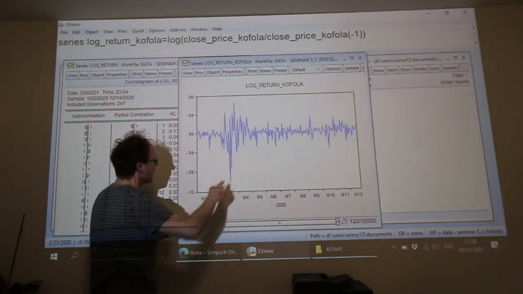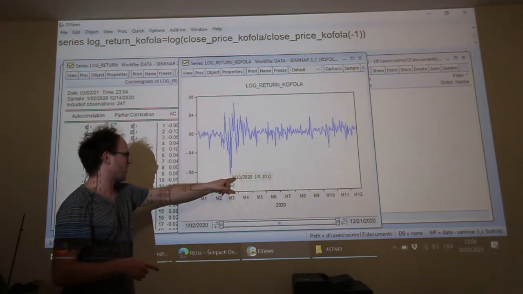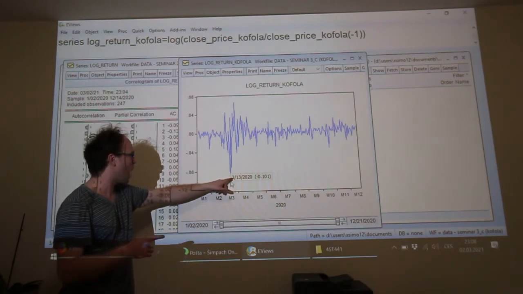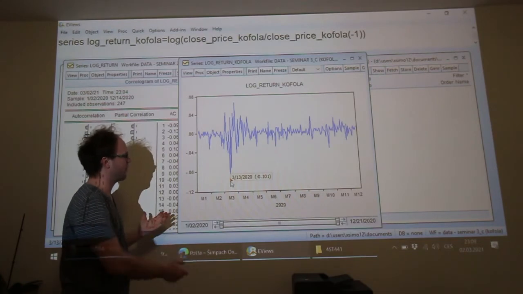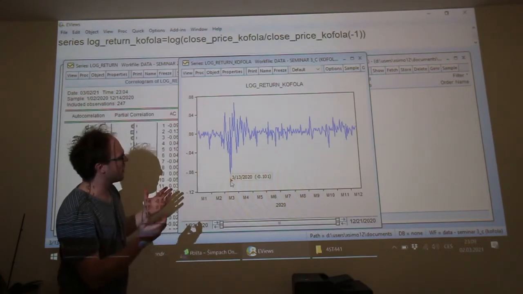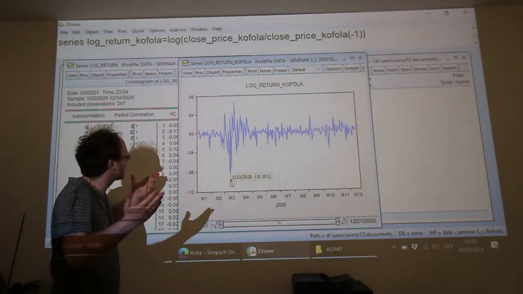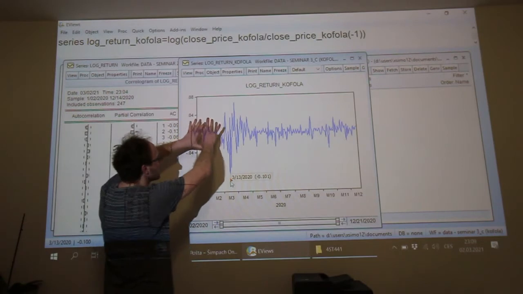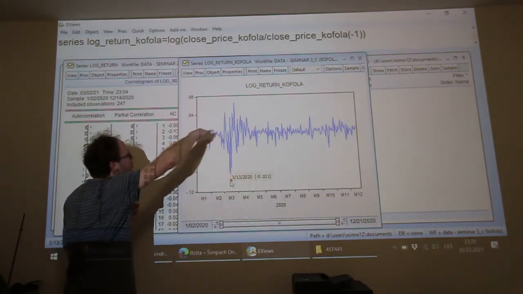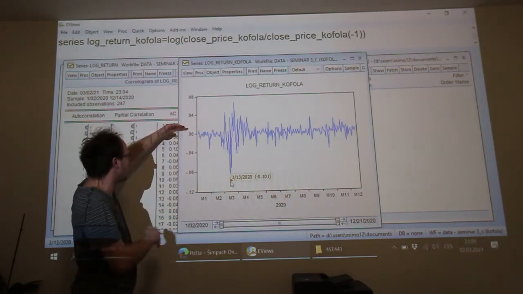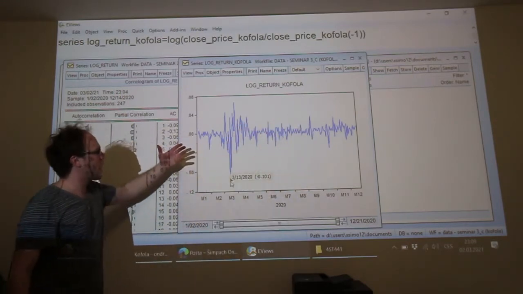You can see there is this observation, 13 of March 2020. Significant decreasing. I don't know what happened on this day, but it doesn't matter. If you check this chart, you can see the same conditional mean around 0. There is a 0 value and fluctuation of values around 0.